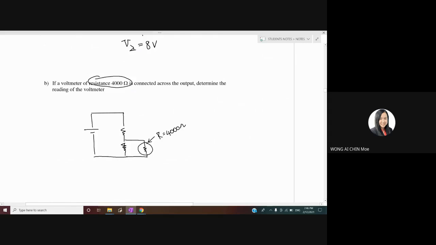So what we should do is try to simplify it. This one is still 8,000. Just now this one is 4,000, and it's connected in parallel. So 1 over 4,000 plus 1 over 4,000.